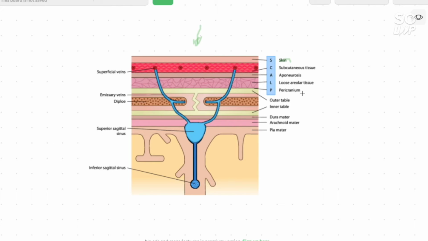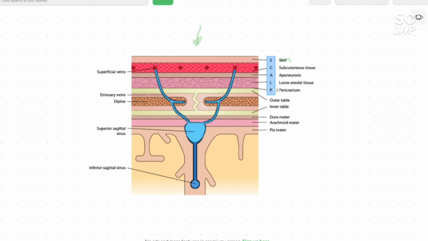It becomes continuous with your endosteum at the suture lines. And there's an important clinical point over here, which is related to scalp infection.